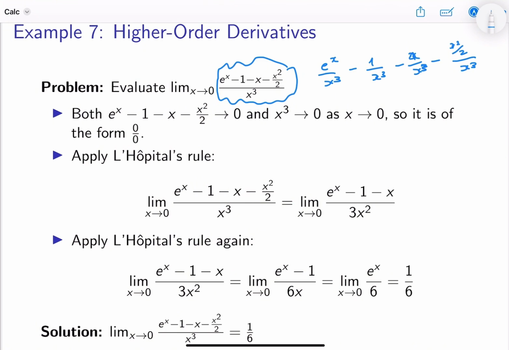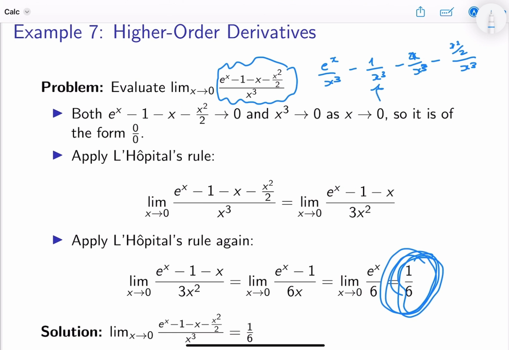So the other important trick is that when you have a fraction that's separated, try bringing things back together, because it might actually give you a limit, might actually give you a value.